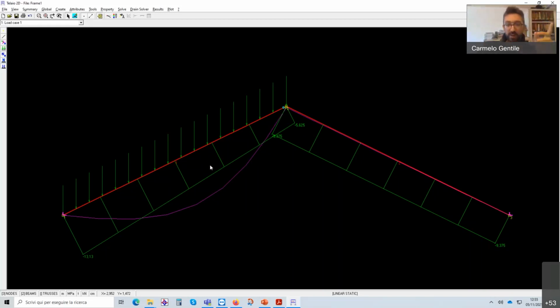That's why the axial force is increasing from a certain level, minus 5.6, to minus 13. Okay. Why minus? Because the reference is positive when inducing tension. In this case, obviously, the beams are compressed, so they are negative.